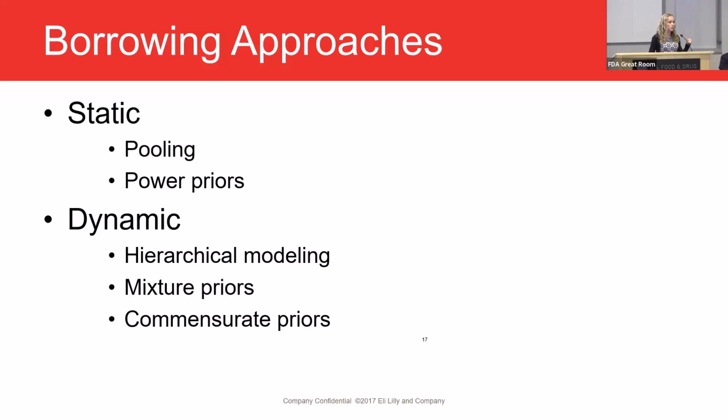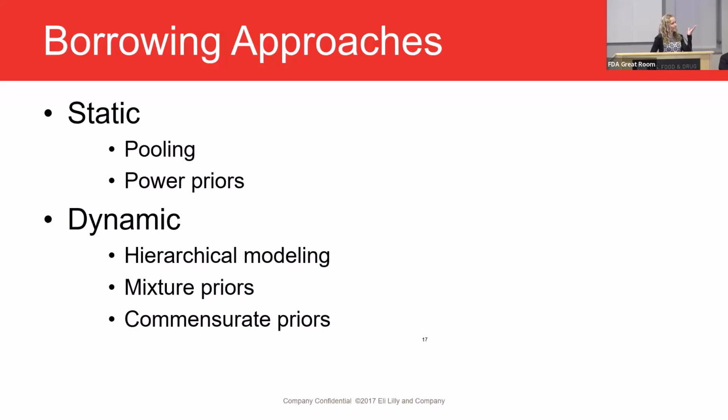And there's an appeal for dynamic borrowing where, if the incoming data is consistent with historical data, it will borrow more. If it looks different, it will borrow less. And toward the end of my presentation, I'll show an example comparing pooling versus hierarchical modeling, where you can see what happens when the new data comes in and is different.